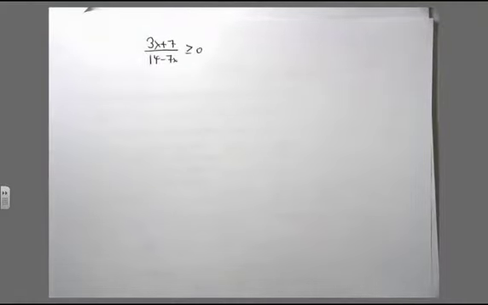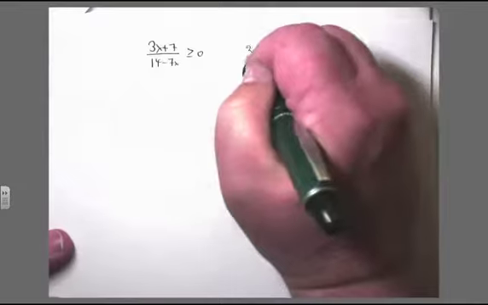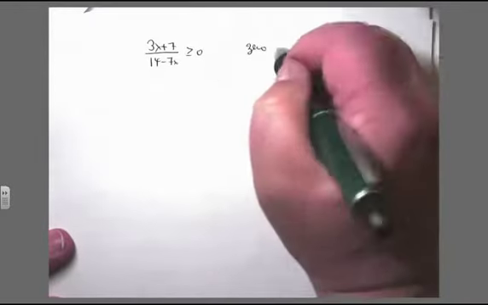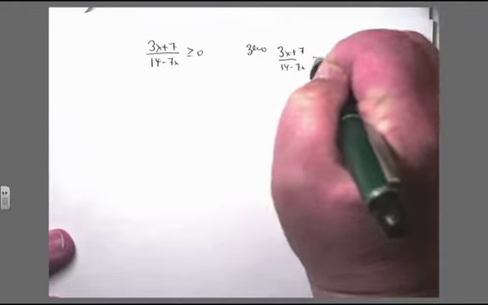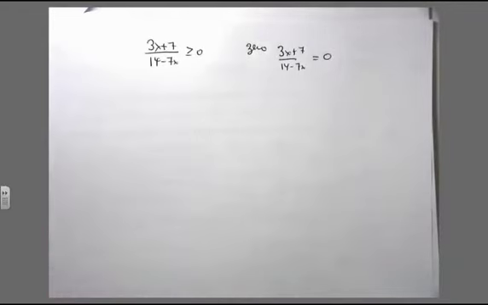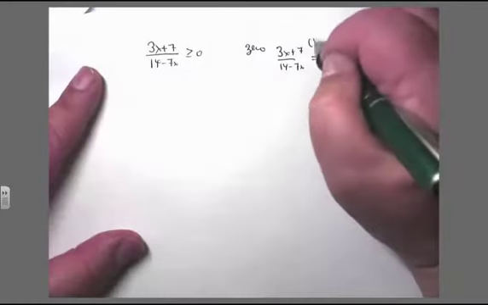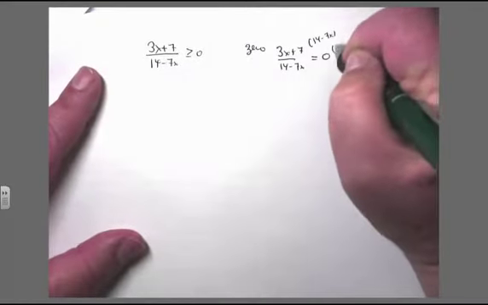Now, first thing you want to talk about is finding the 0. To find the 0, you're going to take the equation (3x plus 7) over (14 minus 7x) and set it equal to 0. Let's solve. When you have a fraction equal to 0, multiply both sides by your denominator. I'm going to multiply both sides by 14 minus 7x.